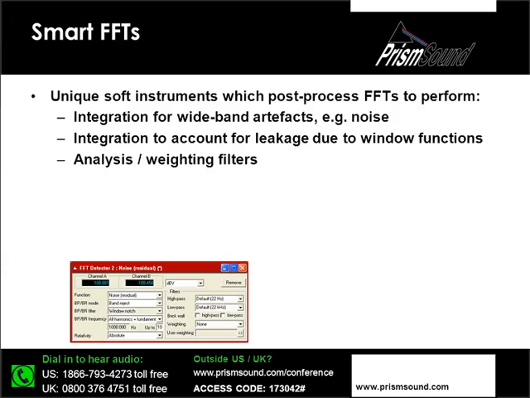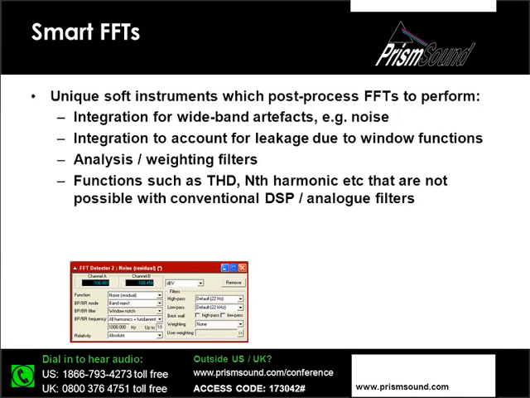They allow us to implement analysis filters and weighting filters to perform measurements like THD plus N and noise and crosstalk and all those other things we've talked about. And they also allow us to perform measurements using functions like THD, individual harmonic distortion products, noise in the presence of signal, that you simply can't do with conventional DSP or analog filters.